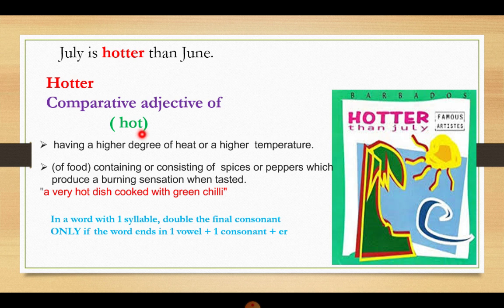Then you add a comparative ending, er, or a superlative ending like est. So, in a word with one syllable, double the final consonant only if the word ends in one vowel and one consonant, then we add er. Hopefully you got this part.